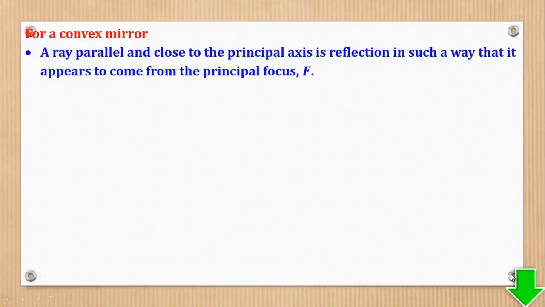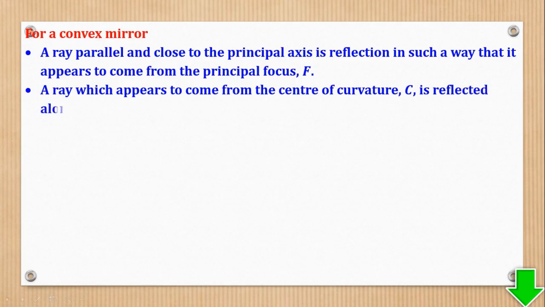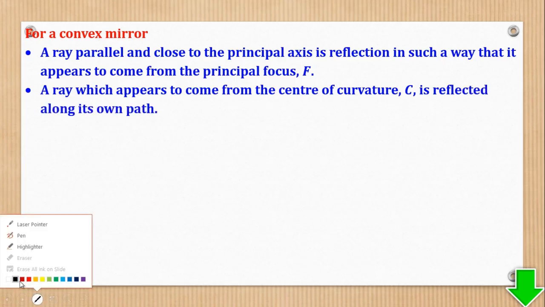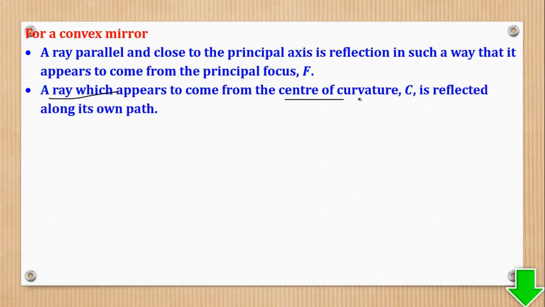That was ray number 1. What about ray number 2? Ray number 2 says a ray which appears to come from the center of curvature is reflected along its own path. I think you see the word appears to come from the center of curvature. Let's see that.